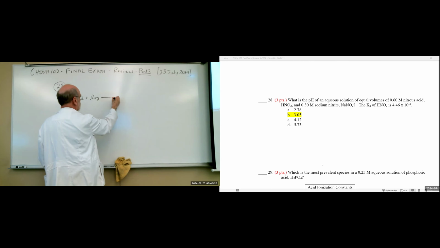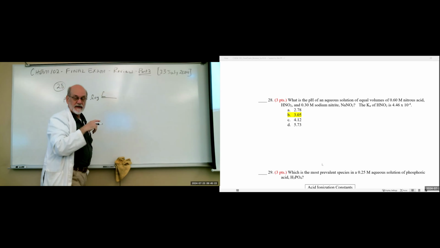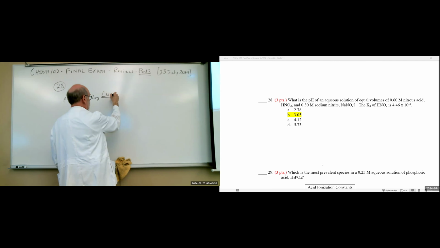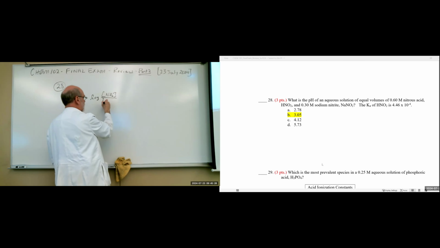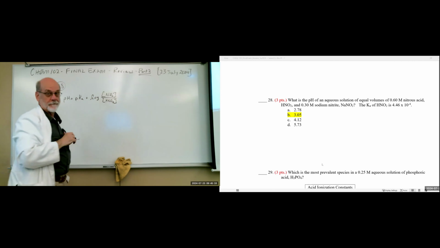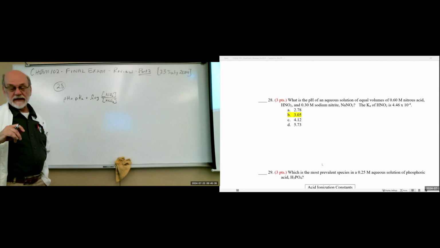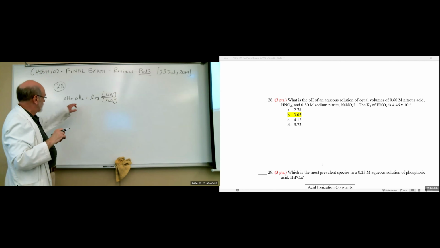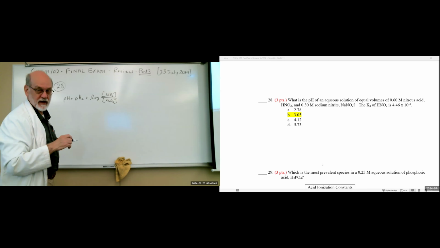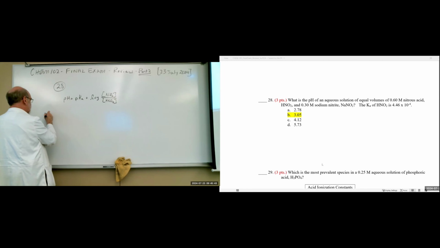The conjugate base is going to be the nitrite ion, and the acid is HNO2. So now we need pKa. We have 4.46 times 10 to the minus 4 as the Ka.